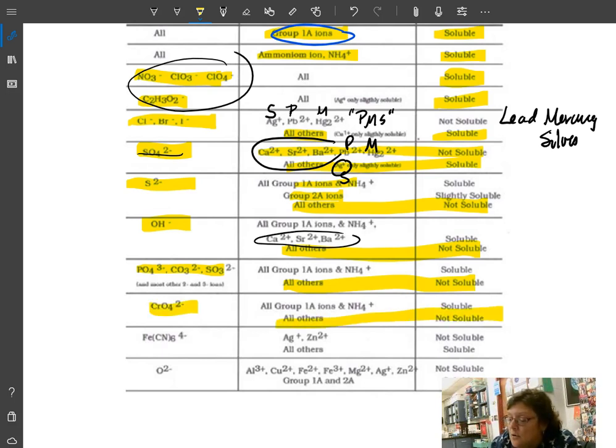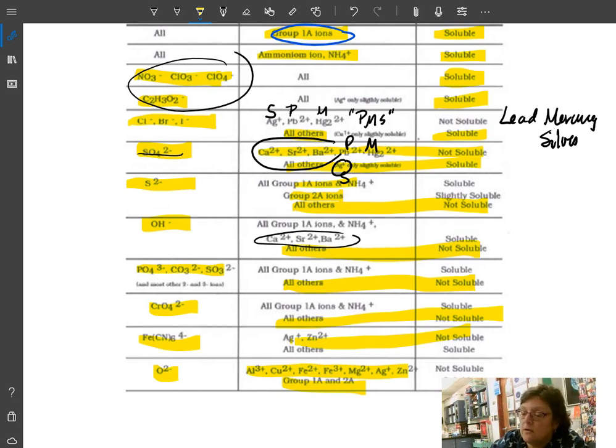Chromate, insoluble. Ferrocyanide is insoluble with silver and zinc, but everything else is soluble. Oxides, group 1A and 2A are soluble, but a lot of the transition metals are not. Okay? So that's how you read that.